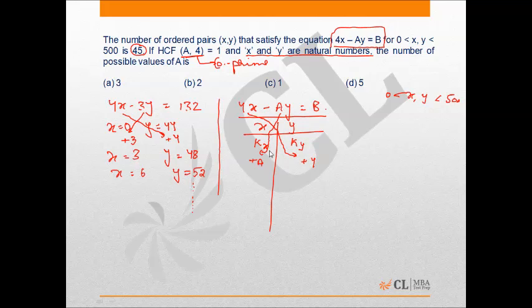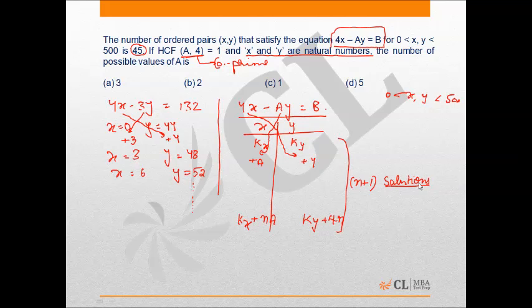So the last solution of mine would be kx plus na if I move n times, and this is ky plus 4n. You understand this? Since starting from here to here you moved n times, the number of solutions would be n plus 1.